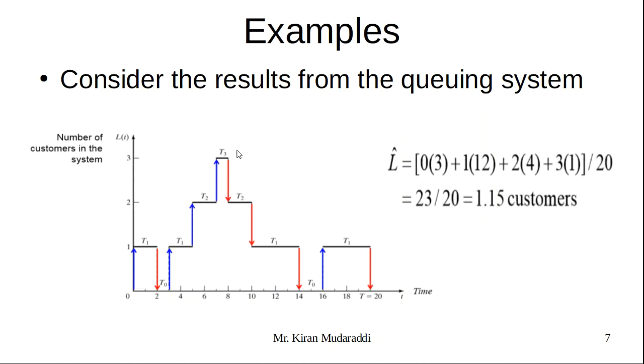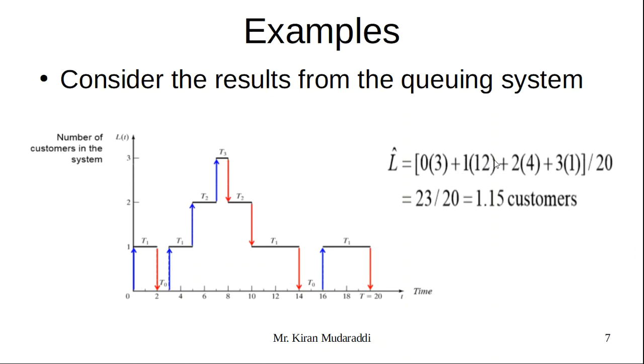There are totally three times here: T1, T2, T3. Initially T naught begins with time 0 and it is up to 3, that is 0 into 3, plus the I value begins with 1, T1. This is T naught, this is T1.